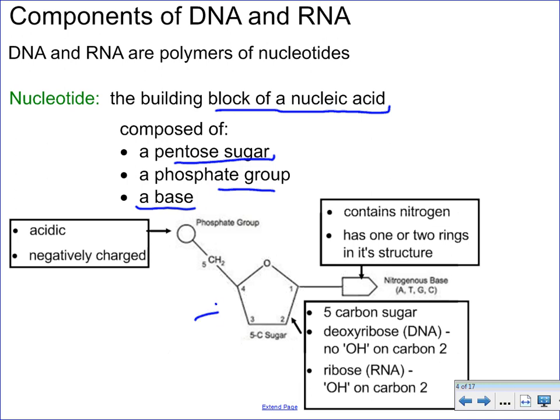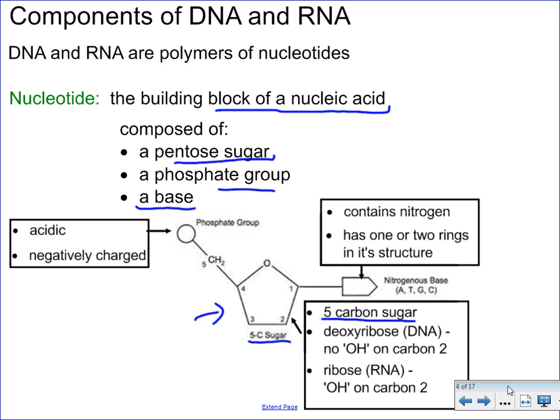The diagram shows a simplified version of how these components are attached together. The pentose sugar is a 5-carbon sugar, ribose, or for DNA, deoxyribose.